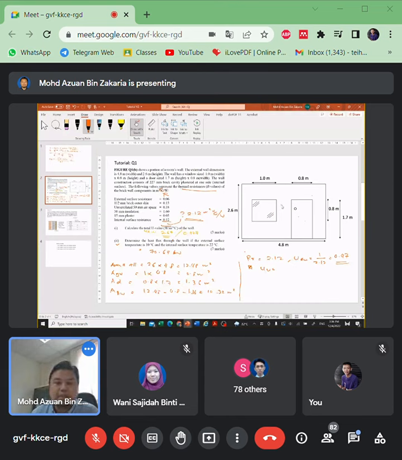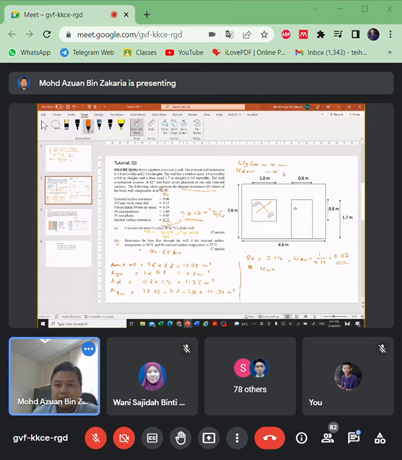Okay, minta maaf, saya copy direct daripada soalan. U value glass diberi tak? Tidak ada diberi. U value door pun tak ada diberi.